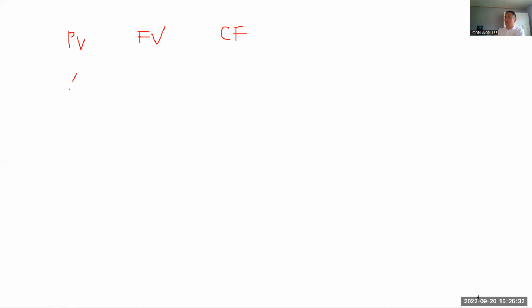So, company A needs to make an investment. Company A needs to set up a new factory. They need money, so they're going to issue a bond.